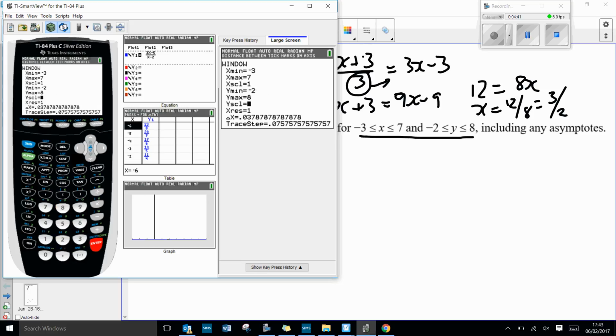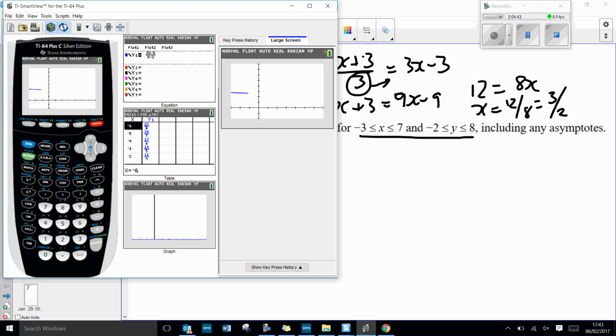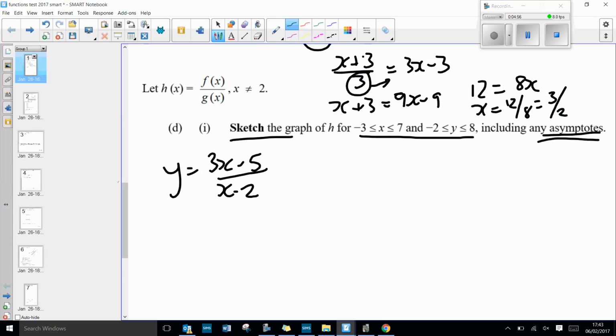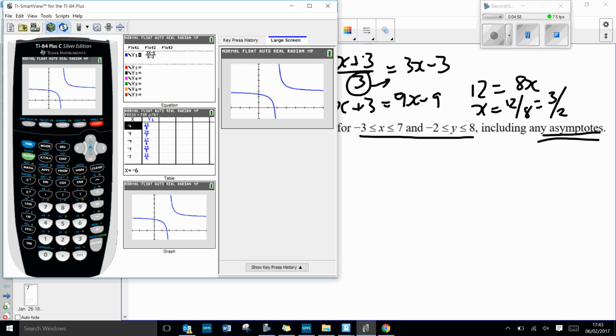And then we just press graph. So literally we just copy that picture onto the diagram. We need to include any asymptotes. So hopefully you can see here that there's a horizontal and vertical asymptote.